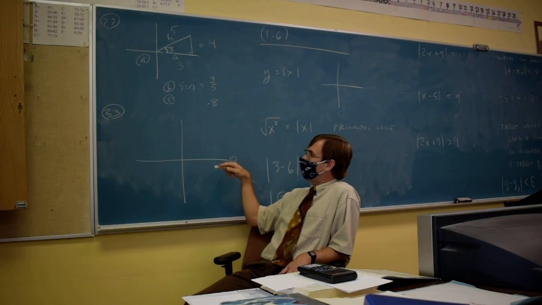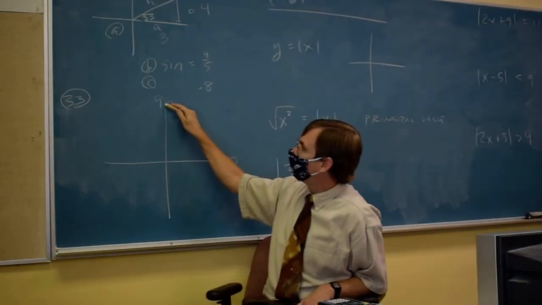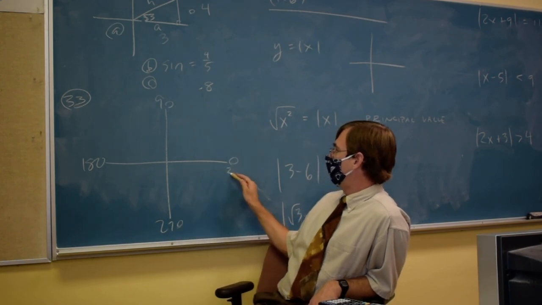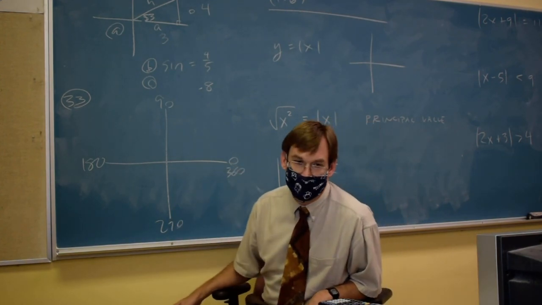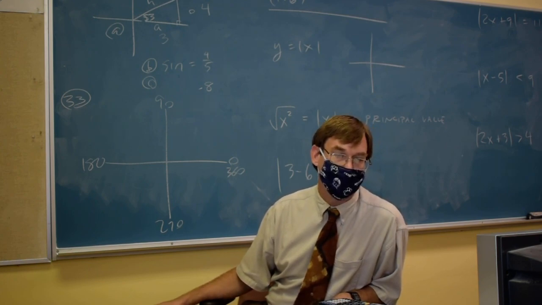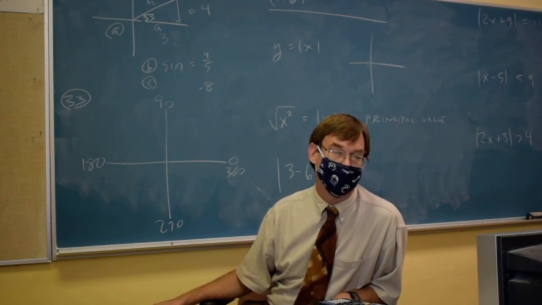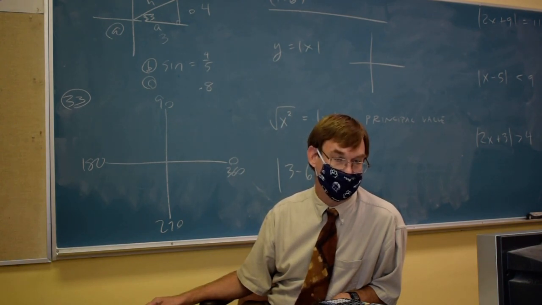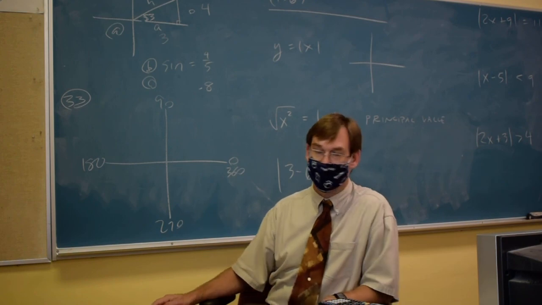Where's 90? Up. 180, 270, 360. So on 33, when they want us to be more than 90, less than 180 is what the end of that line means. The last stuff there they typed is telling you to get in between 90 and 180.